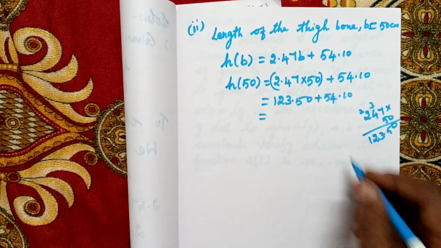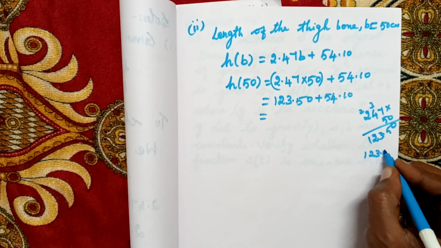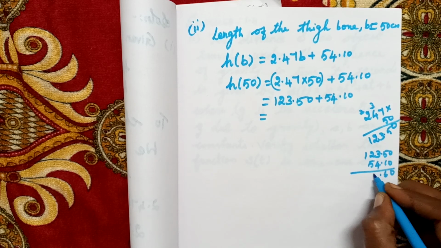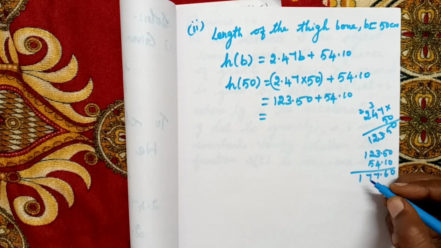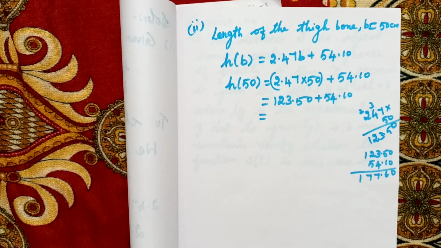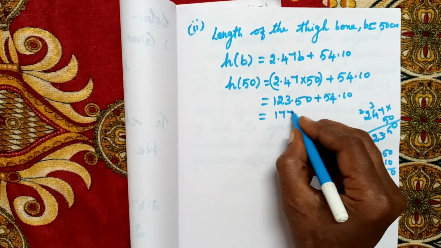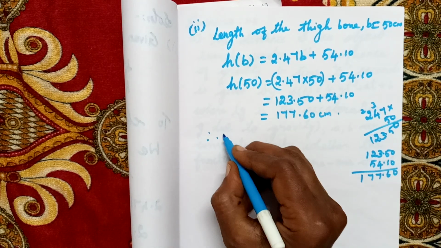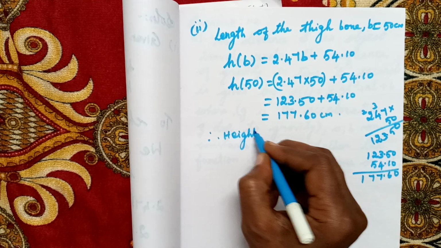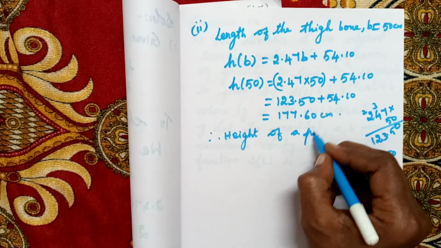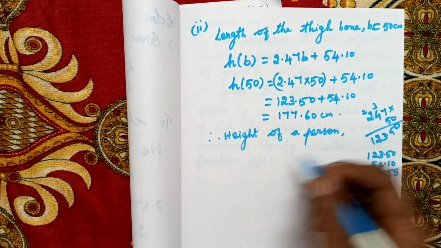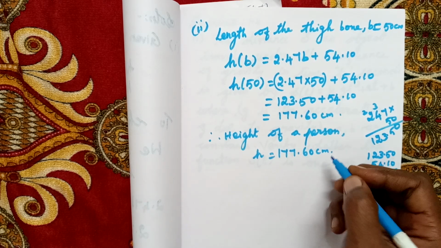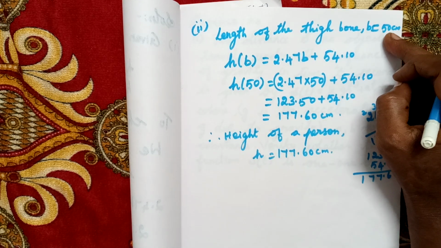When we are adding 123.50 and 54.10, it is equal to 177.60 centimeter. Therefore, height of a person is equal to 177.60 centimeter.